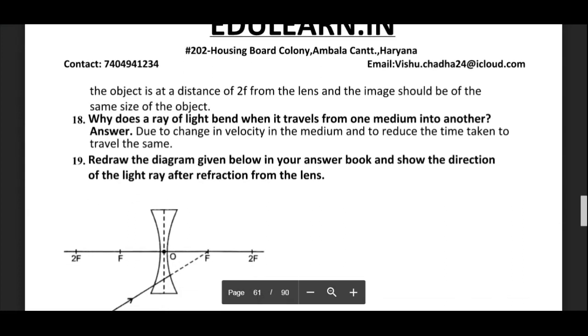Next one is, why does a ray of light bend when it travels from one medium to another? Due to a change in velocity in the medium, due to reduce the time taken to travel the same.